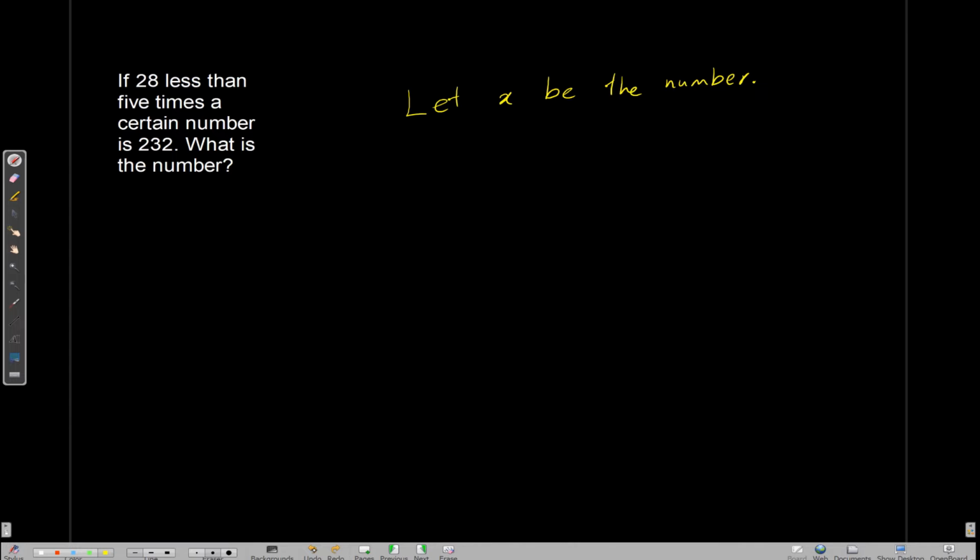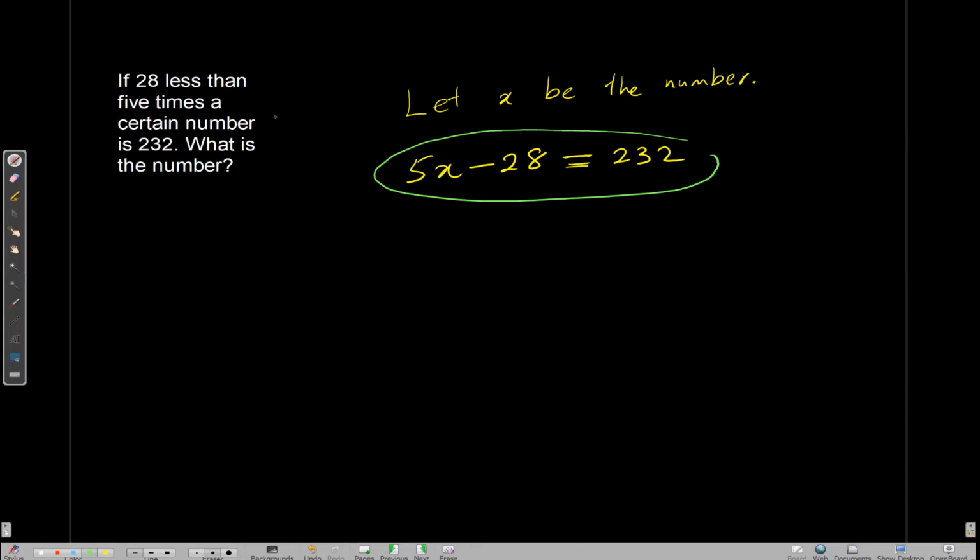Now rewrite using x. Let's convert this story into an equation. So, 28 less than 5 times a certain number: 5 times that number, so 5x. 28 less than 5 times, so 5x minus 28, is, meaning equal sign, 232. See? Now, do you see this equation in this English sentence?